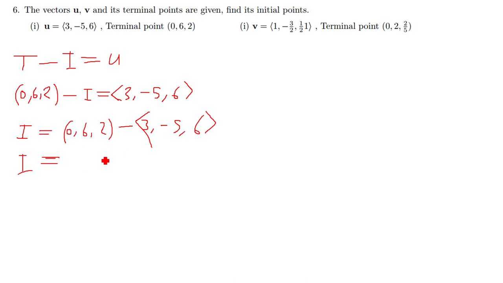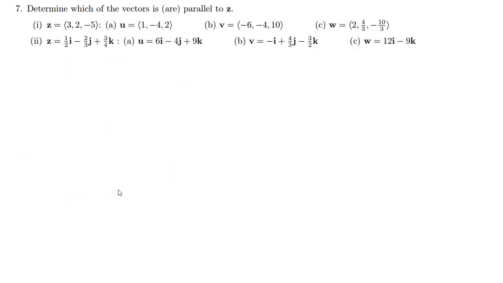So 0 minus 3, you get -3. 6 minus -5, you get 11. And then 2 minus 6, you get -4. So this is the initial point. You solve this other question in a similar way to how I've solved this one. Let's quickly move on.